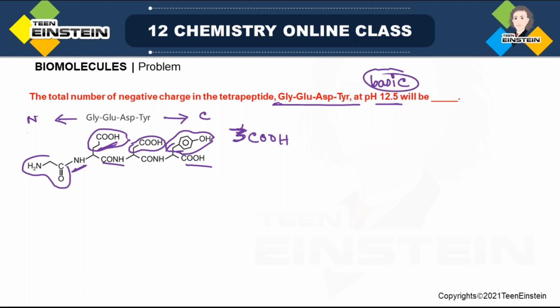It is highly basic. It is not just a pH of 8 or 9, which you could call weakly basic. It is actually the extreme pH, close to 14. That is the extreme basic condition. So pH 12.5 means it is a very basic condition, and under that condition, this OH hydrogen will also be deprotonated. So there are a total of 3 CO2H, and all these H will be removed, and there is one OH group, so this H will also be removed.